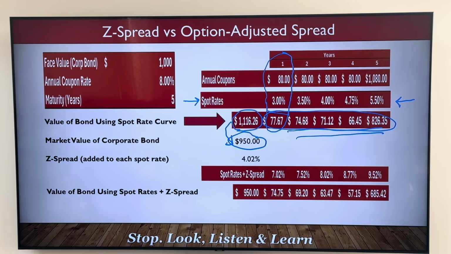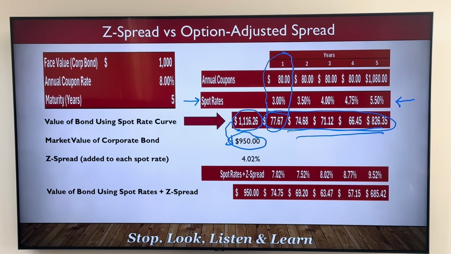Well, the answer is no, we did not make a mistake. What we did is we used the spot rate curve to discount cash flows of a corporate bond or a risky bond. And the spot rates are those rates that are generated based on government bonds or risk-free bonds.